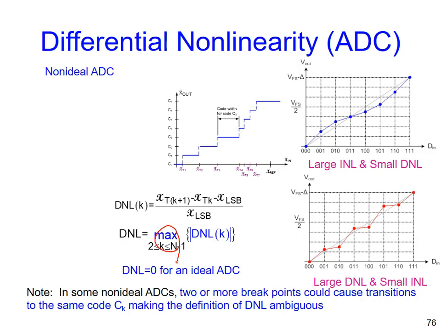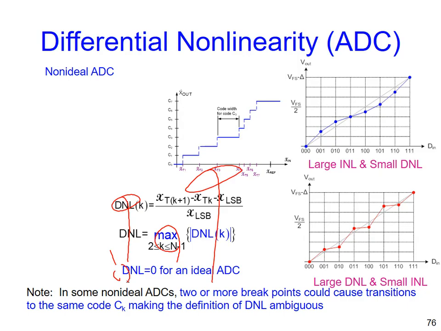Anyway, I would like to tell you, DNL and INL are not directly proportional to each other. What do I mean? If you have larger DNL, does it mean you have larger INL? No. This is a very important idea. On the contrary, if you have very small DNL, does it mean you also have really small INL?